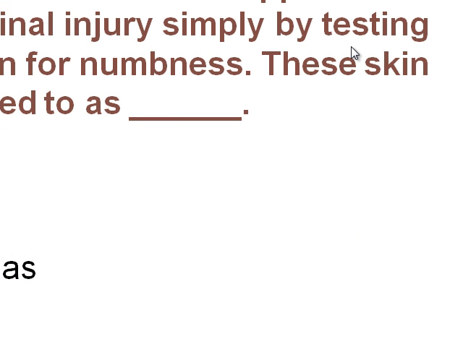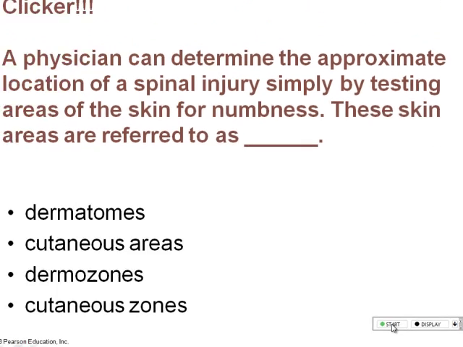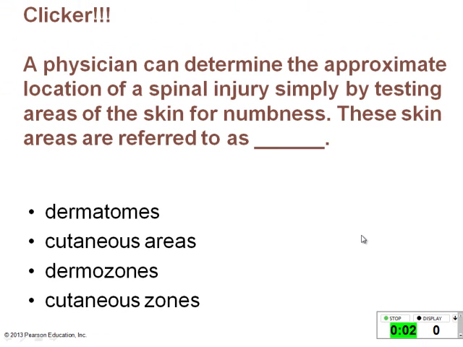Clicker. A physician can determine the approximate location of a spinal injury simply by testing areas of the skin for numbness. What are these areas referred to as?